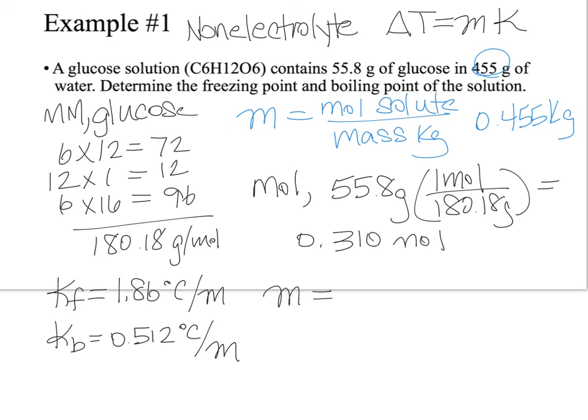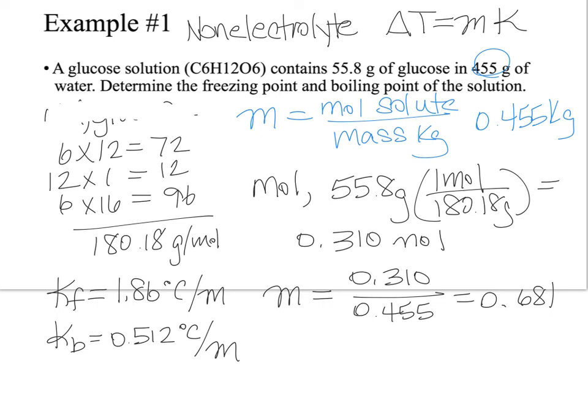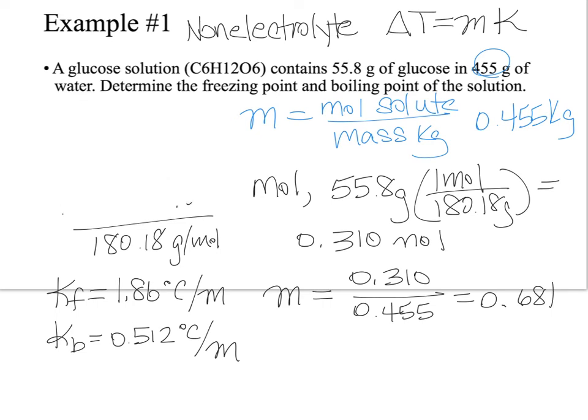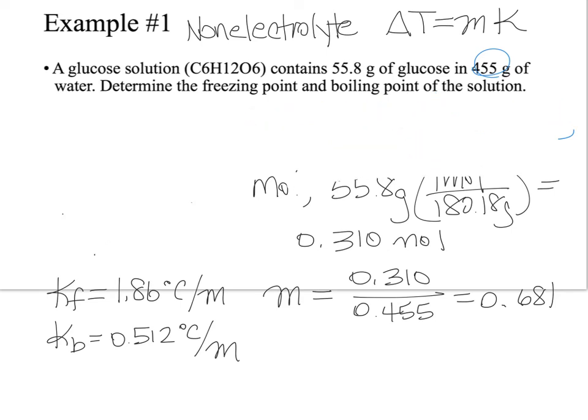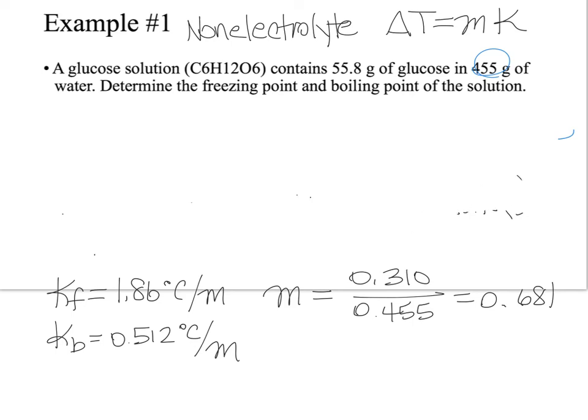Molality is 0.310 divided by 0.455. And we're getting 0.681 molal. Right, so let me erase some space over here for the second part of this calculation. Go ahead and leave those numbers down there that we need.